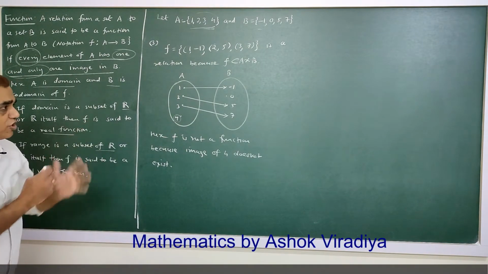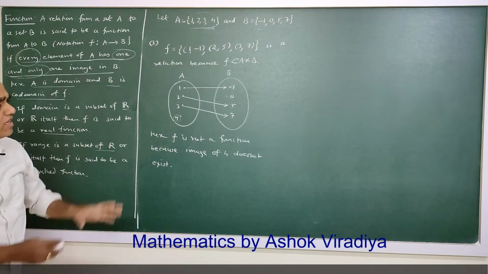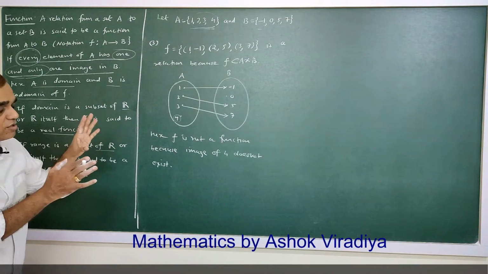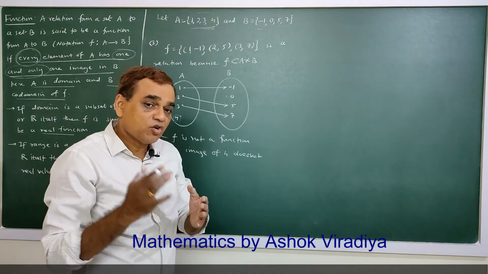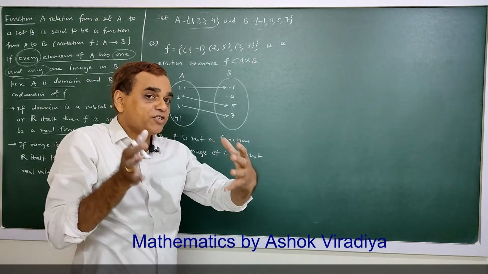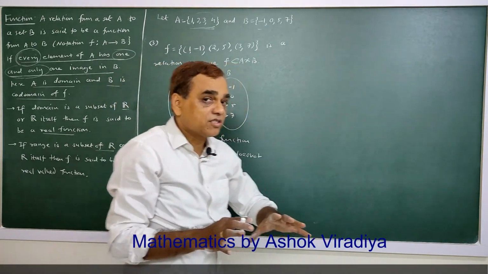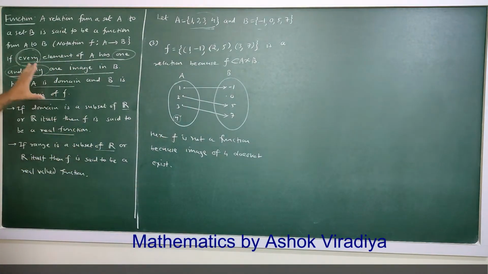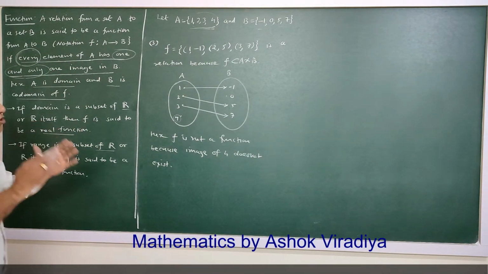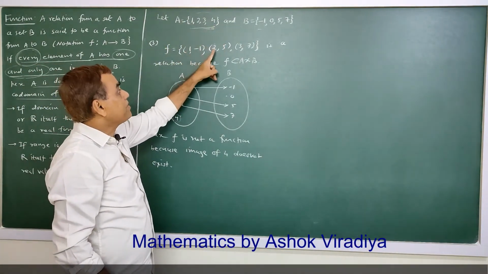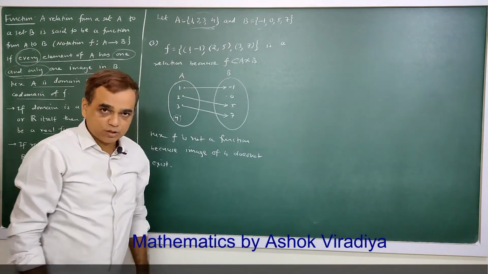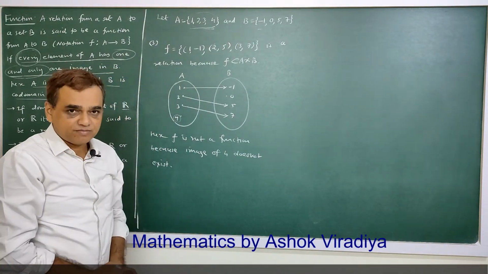So this is not a function, it's only a relation. So remember, every relation is not a function. There are a few relations which are functions. Those relations satisfy this condition, that in that relation every element of the first set must appear in first place without repetition.